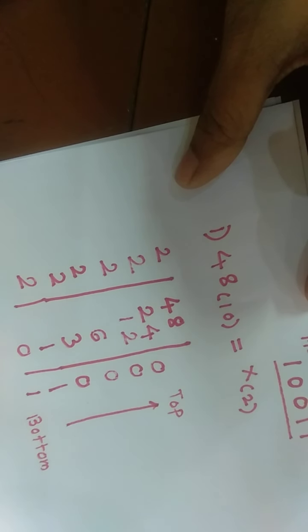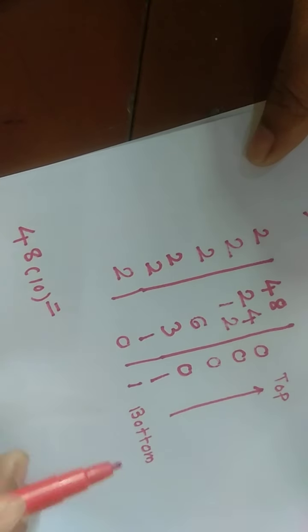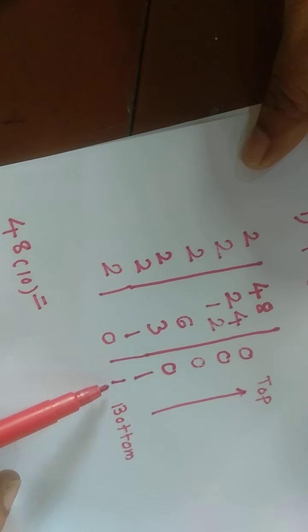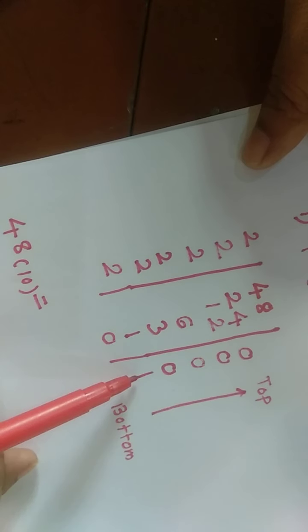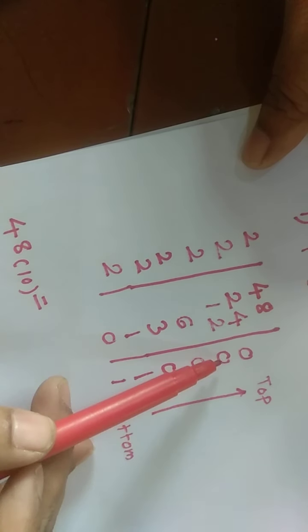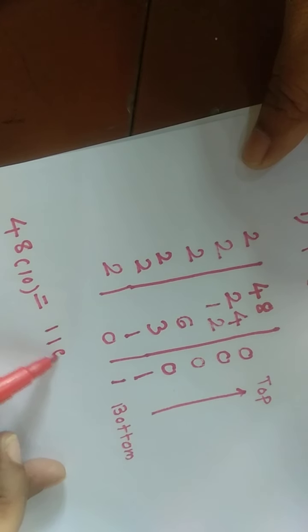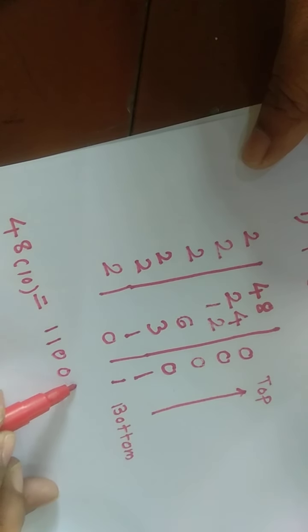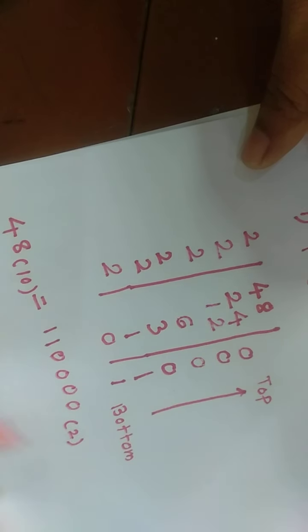So I'll write the answer as 48 base 10 is equal to, start from the bottom, end at the top: 1 1 0 0 0 0, base 2.